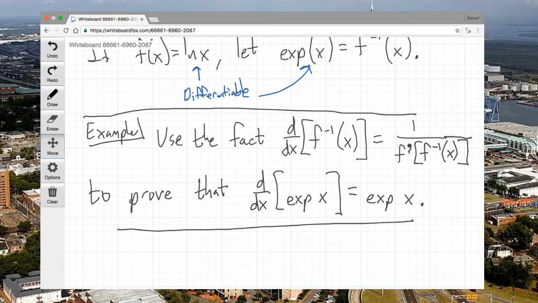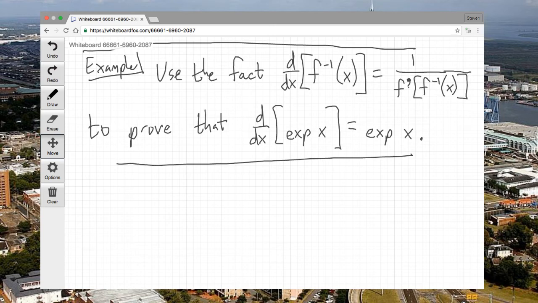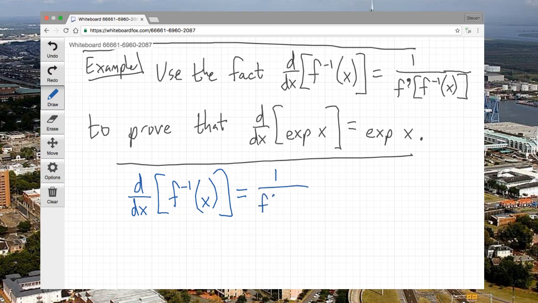All right. So how do we do that? Well, this is basically just using definitions here. I want to find the derivative of the inverse function. Exp of x is the inverse of the natural log. So I'll use my formula that I had up here. f prime of f inverse. So what is f inverse?